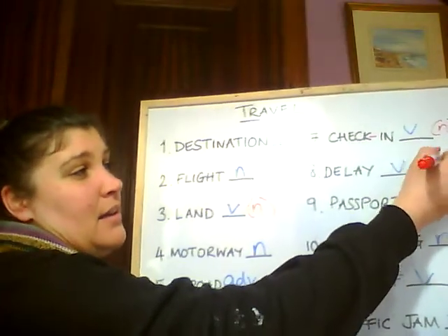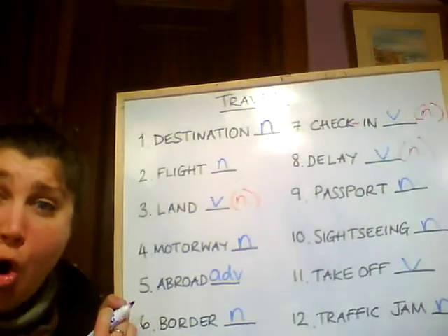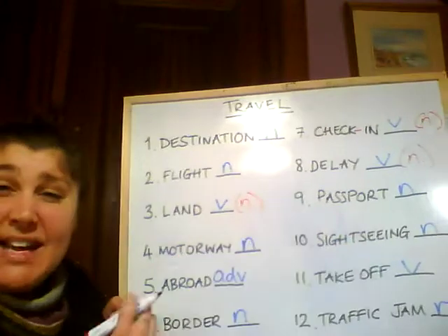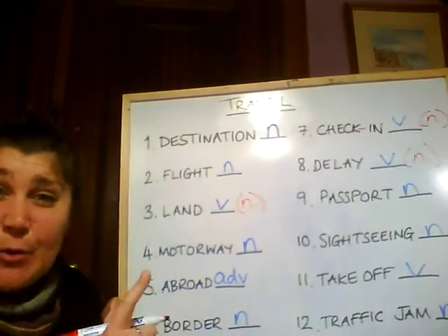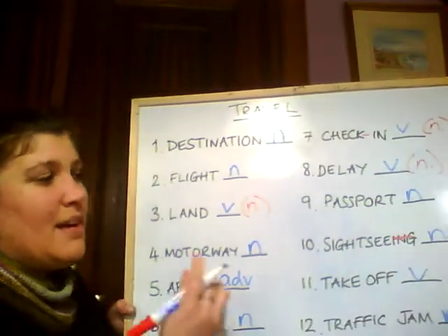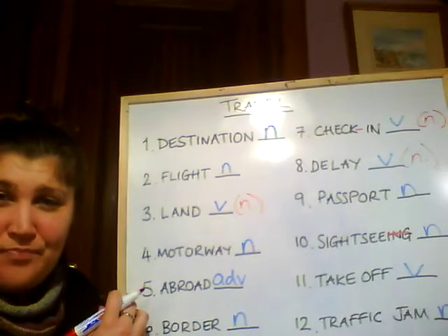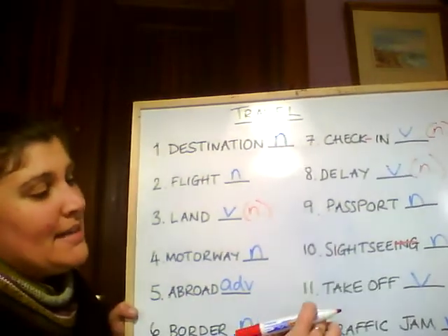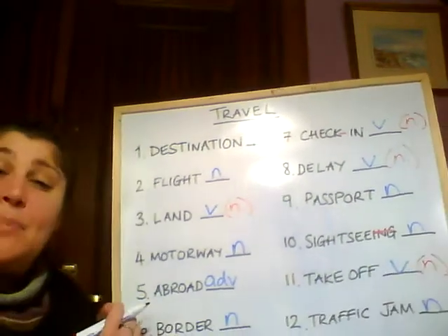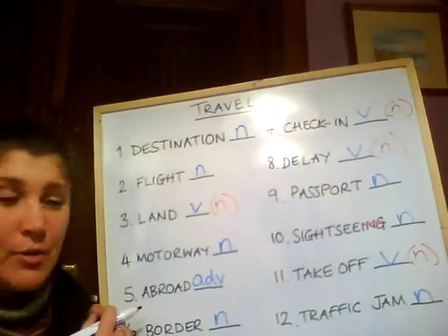Delay can be a verb or a noun. Sightseeing is a noun, it's the activity. The verb is sightsee. Take off, again, is a verb, but it can also be a noun.